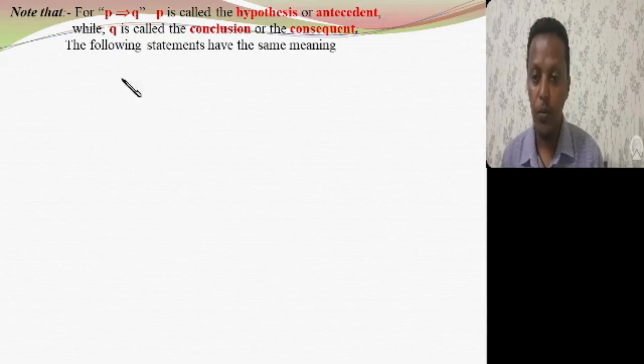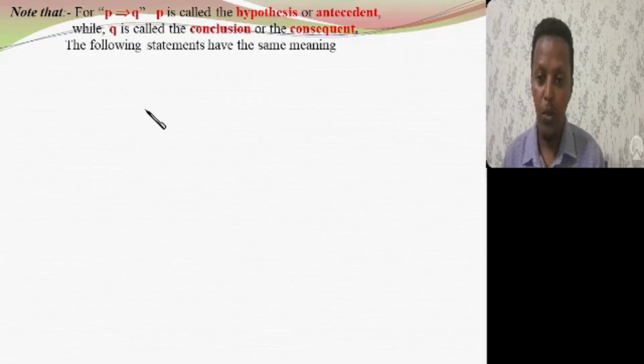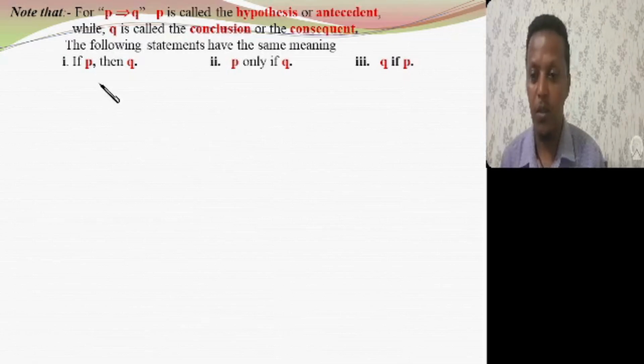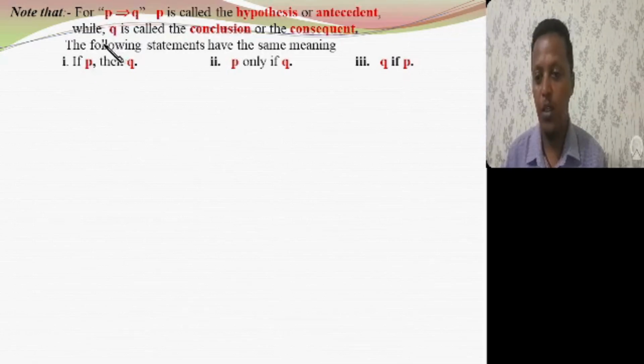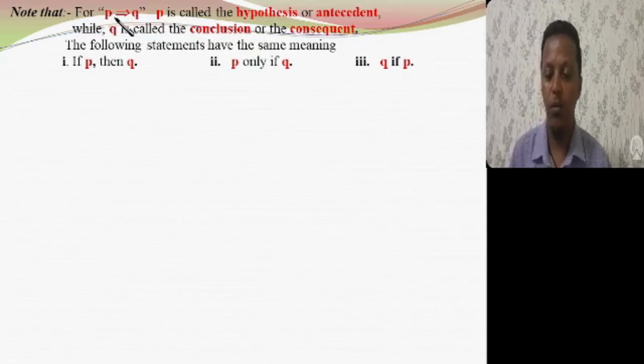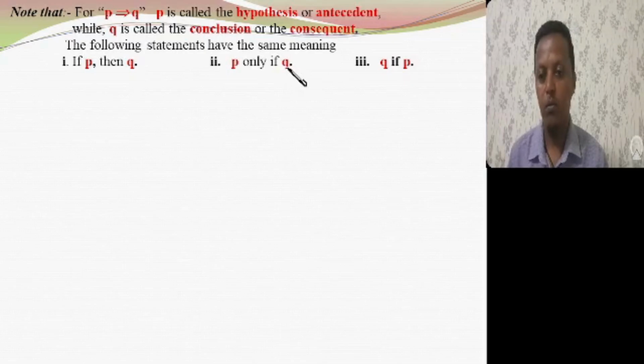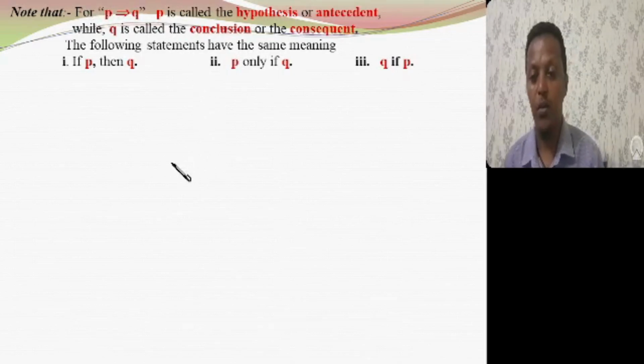Plus, P implies Q will be equivalent to the following statements. P implies Q means if P then Q. P only if Q means P implies Q. Q if P also has the same meaning as P implies Q.